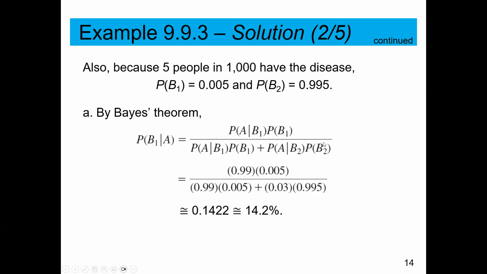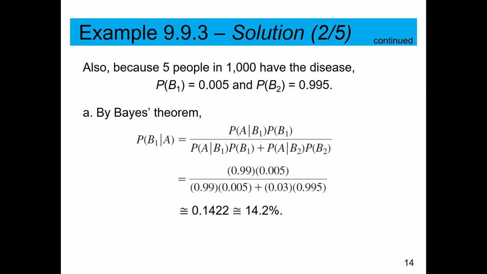The probability that they don't have the disease is 0.995 because it's the opposite of these values. These values are opposites, but they aren't necessarily mirrors of each other. If we do that, we get 14.2%. So let's remind ourselves what that means.